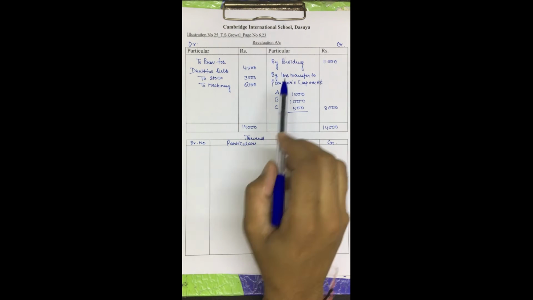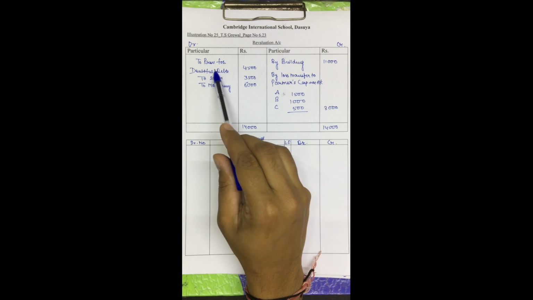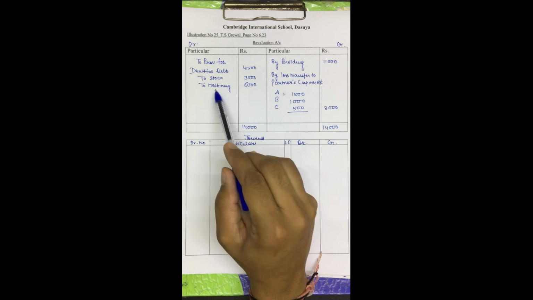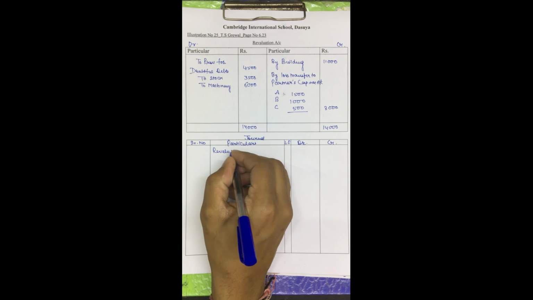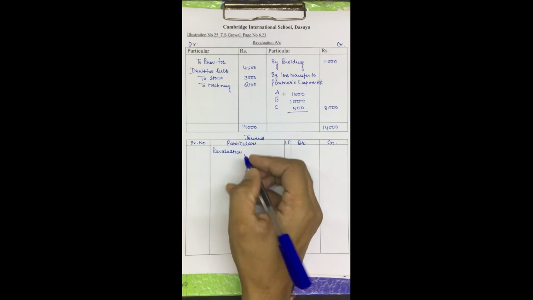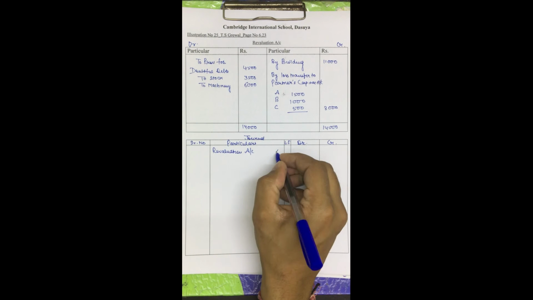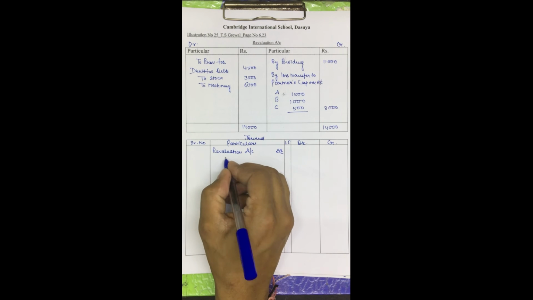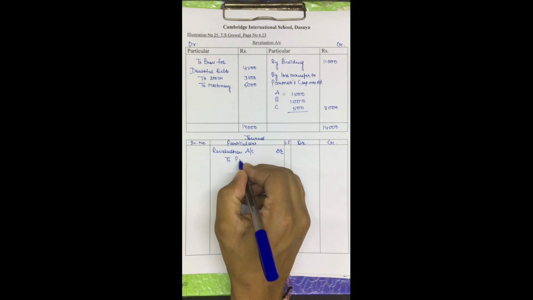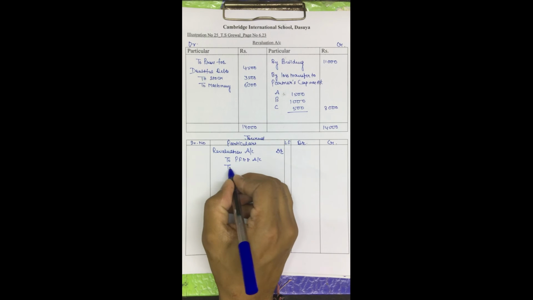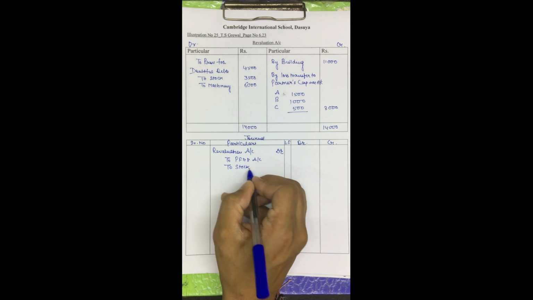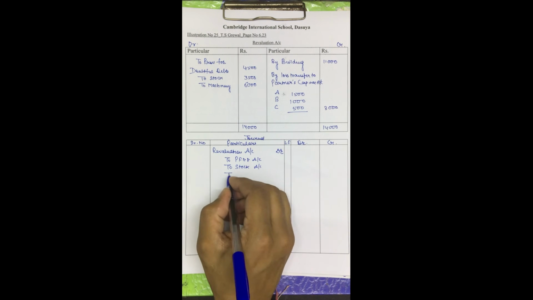So first entry we will pass: revaluation account debit, to provision for doubtful debts, to stock and to machinery. I already gave a whole complete explanation in the revaluation topic, revaluation video lecture.